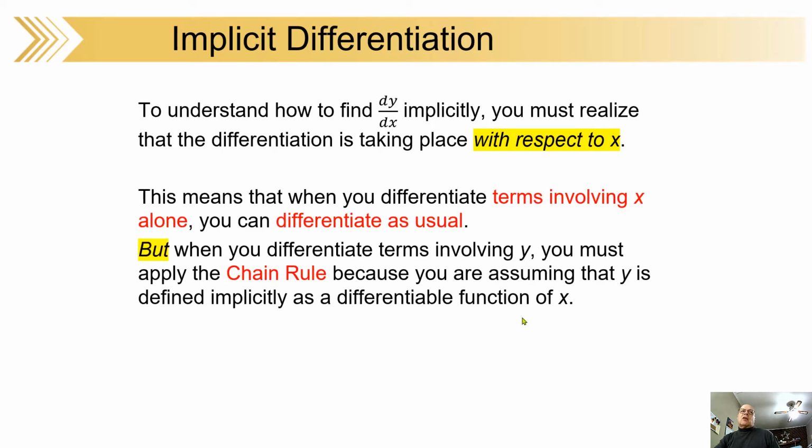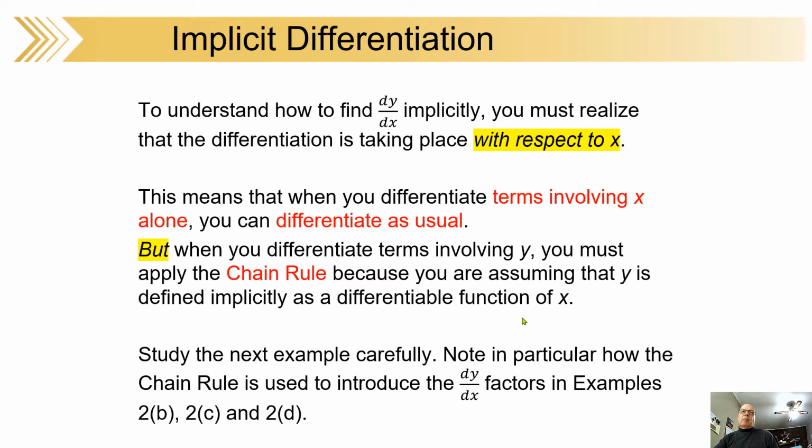You can't quite differentiate as usual, but the chain rule is going to be your help. So here's an example coming up that shows you how you can do that, and we've got 4 examples.